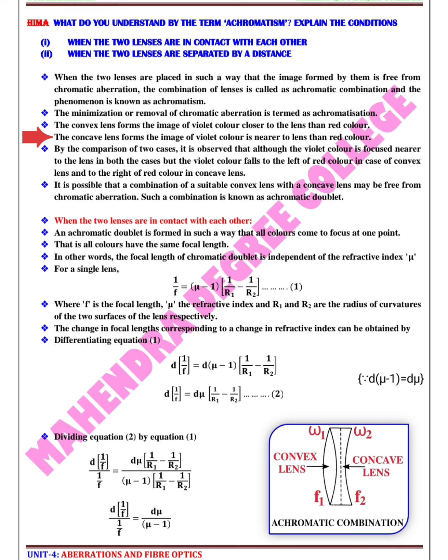It spreads out light rays. When white light passes through a concave lens, dispersion occurs. Different colors of light bend or refract by different amounts.